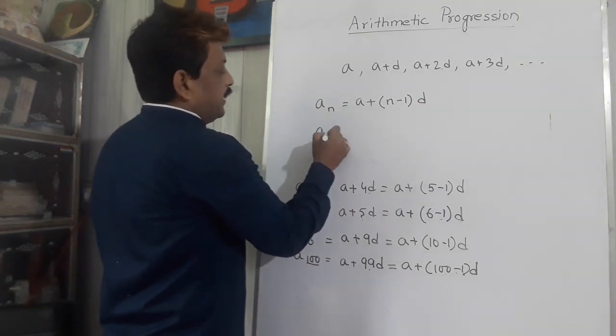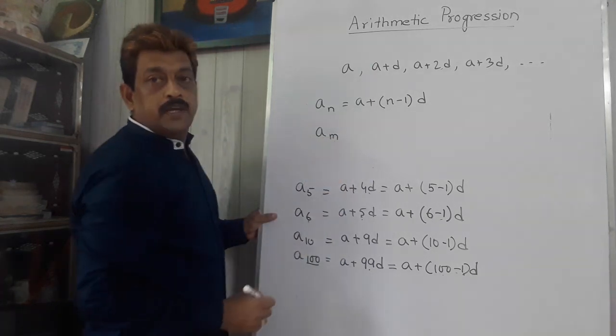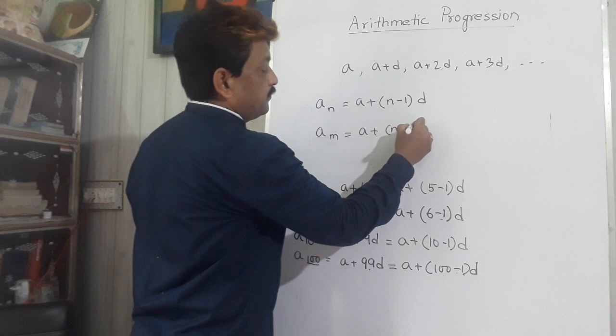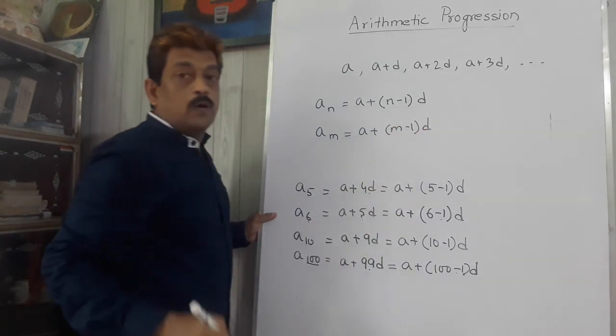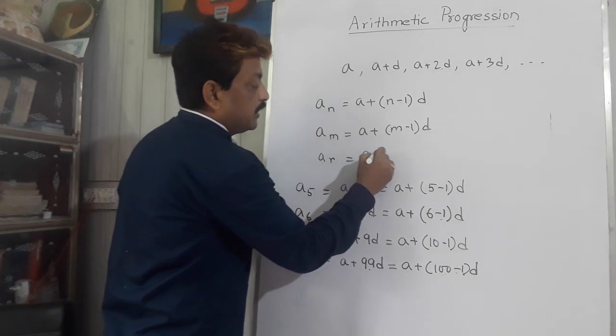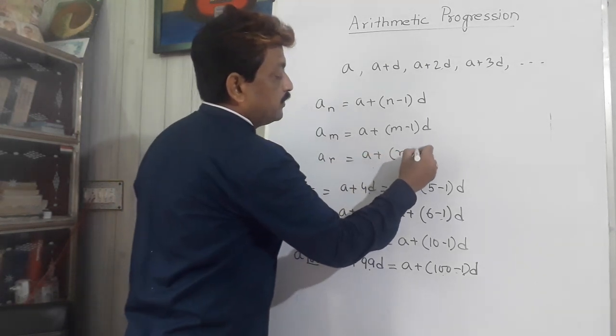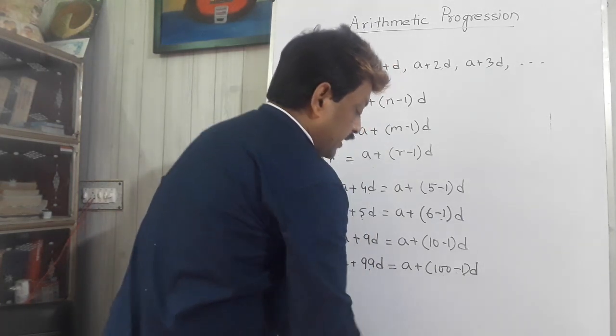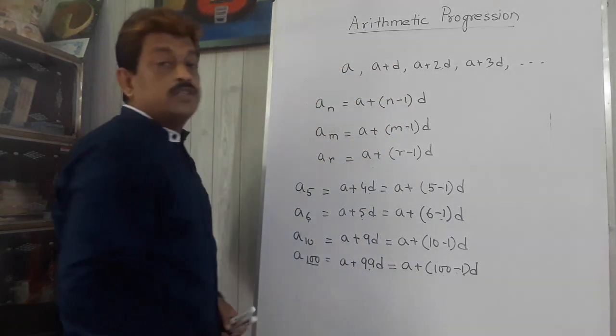Similarly, the mth term, am, will be a plus m minus 1 d, or the rth term, ar, will be a plus r minus 1 d. In this way we can find the general term.